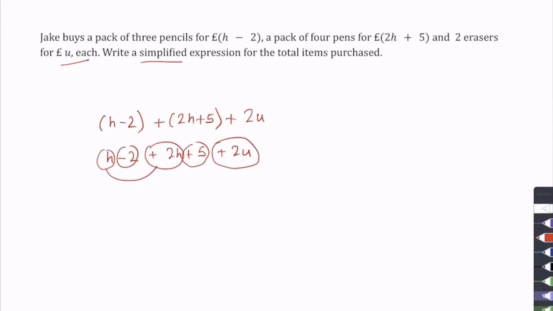So H plus 2H is 3H. I have minus 2 plus 5 if I look at just the number terms. So minus 2 plus 5 is plus 3. And I can't really do anything with a 2U, so I'm just going to call it plus 2U. I can leave it like that, or I can change the terms around and call it 3H plus 2U plus 3, and that can make it look a little bit neater.